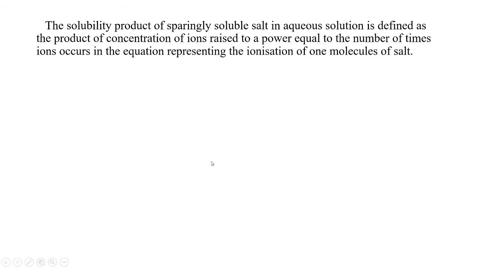So what is meant by solubility product? The solubility product of a sparingly soluble salt in aqueous solution is defined as the product of concentrations of ions raised to a power equal to the number of times the ions occur in the equation representing the ionization of one molecule of salt.